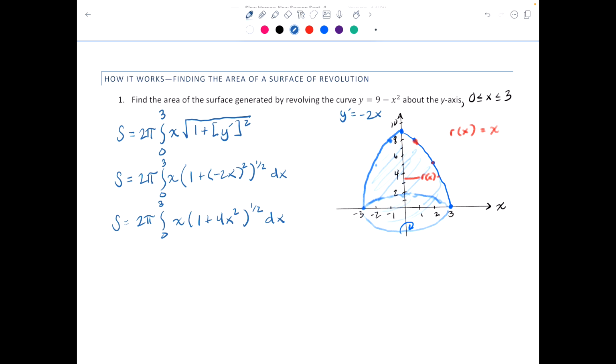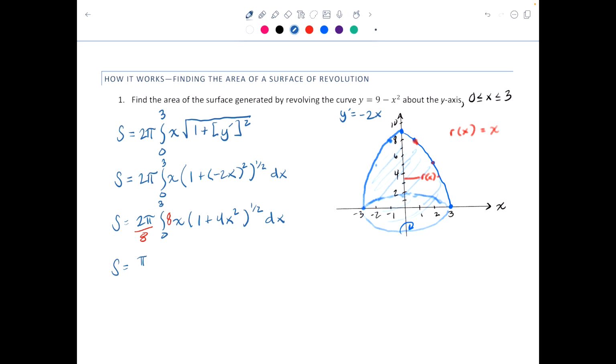So we need to balance out the integral by 8, which means we have to divide by 8. Cool so far? So now this means we can directly evaluate this integral.